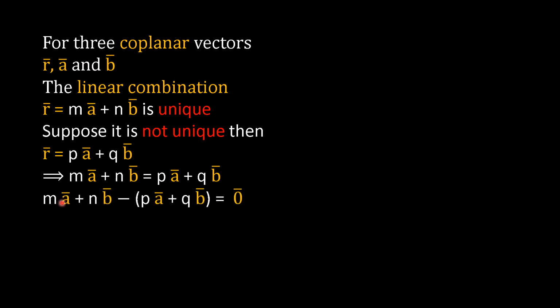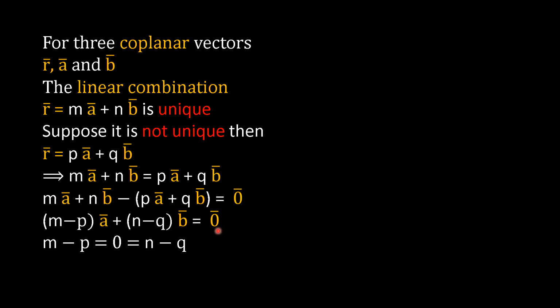We write M A bar plus N B bar minus P A bar plus Q B bar equals a zero vector, which will be M minus P times A bar plus N minus Q times B bar equals a zero vector, which implies that M minus P equals 0 and N minus Q is also equal to 0.